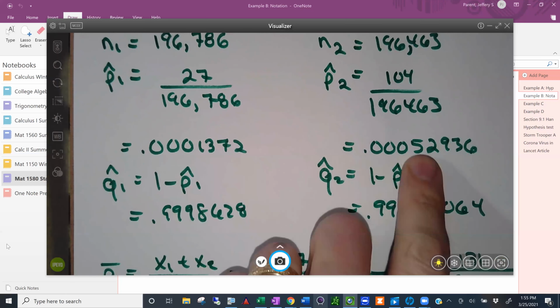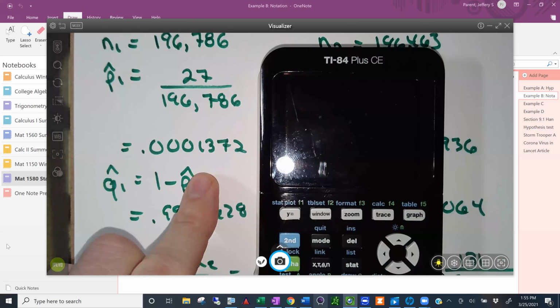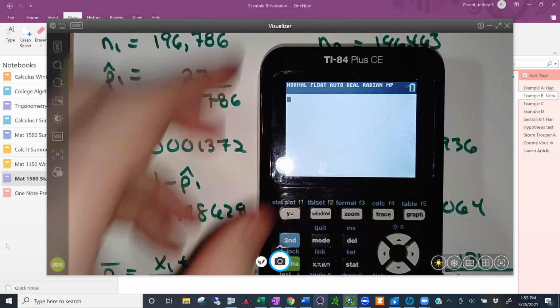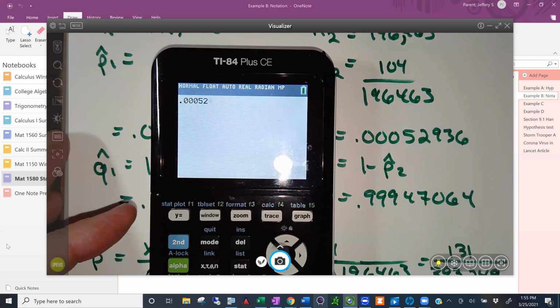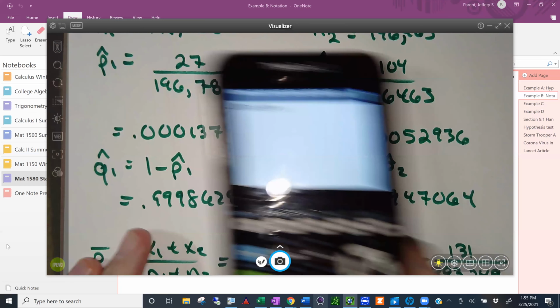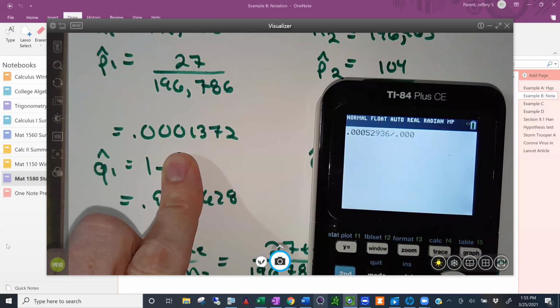So let's take these two rates and divide them. This one divided by this one. So I'll do 0.00052936 divided by 0.0001372. This is called the relative risk.